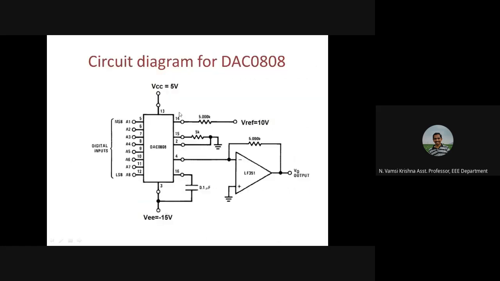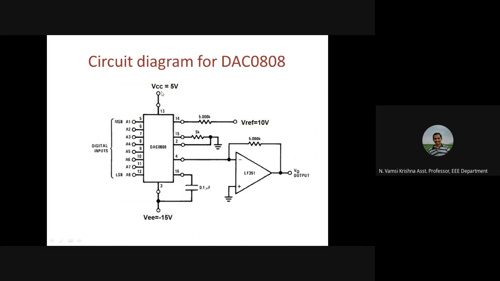This is the DAC pin layout, the data we want to give is between pins 5 to 12. The output is available at pin number 4, and the output current is isolated from the output of the DAC using an op amp. The inverting terminal is connected to the output, and the non-inverting terminal is connected to ground. In feedback, we will connect 5 kilo ohms.